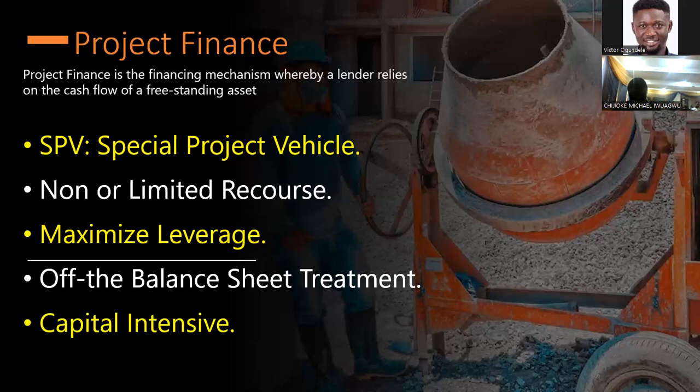While you were getting the truck, you told the people who want to give you the money to buy it that you'll buy the truck and use it to run this business operation. And it is the cash that we generate from this that we are going to use in settling the repayment. So which means if that truck failed to generate enough cash to meet up the liability, you cannot hold the owner responsible because it is a special project.